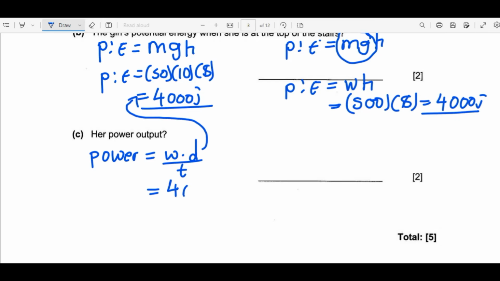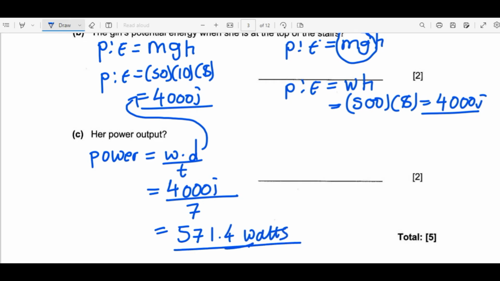So it's 4,000 joules divided by, remember the time is 7.0 seconds, which is just 7. So 4,000 divided by 7, I'm getting 571.4. We can say watts or joules per second.